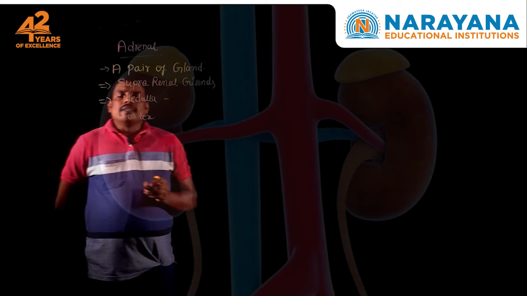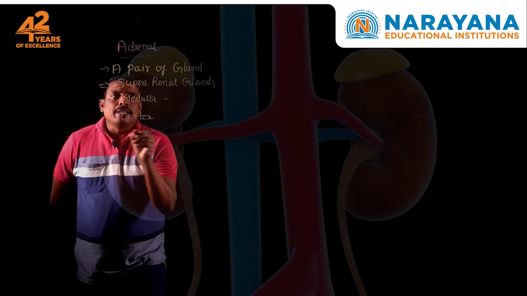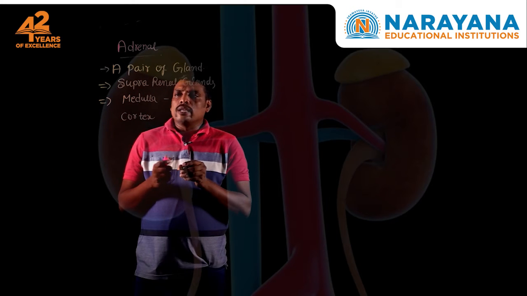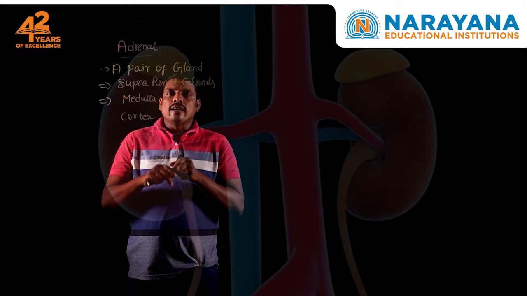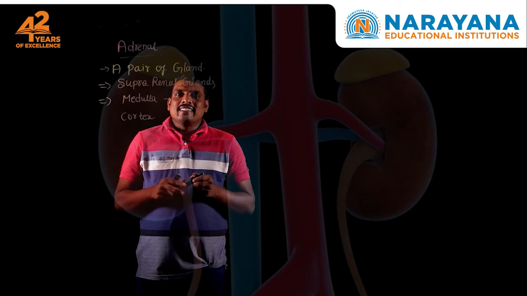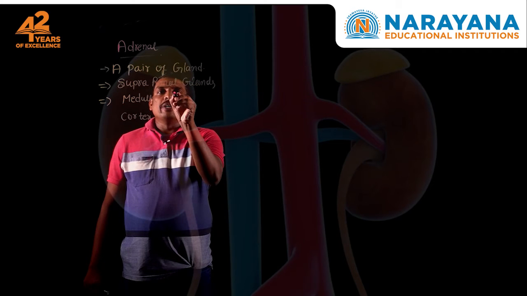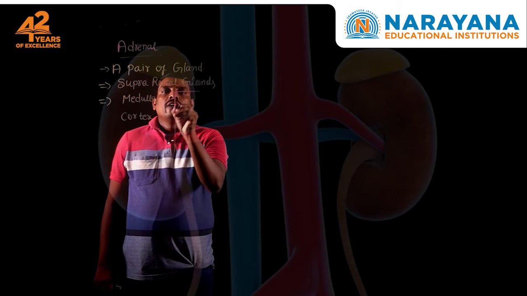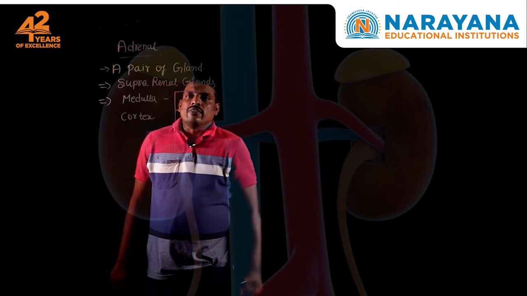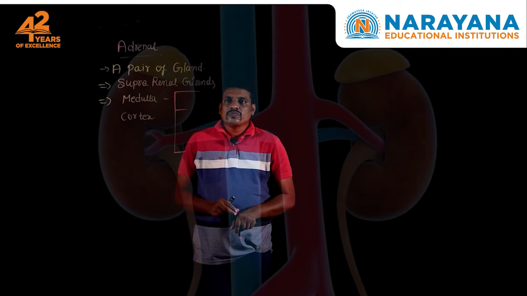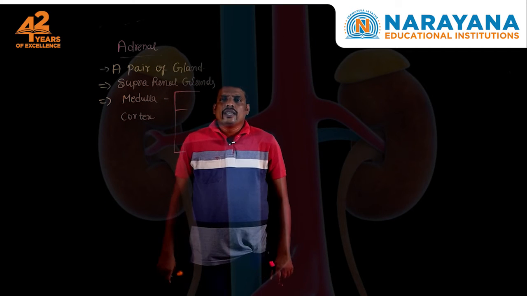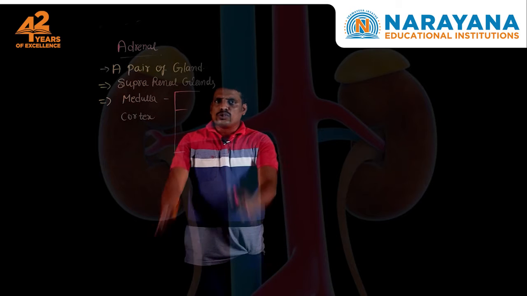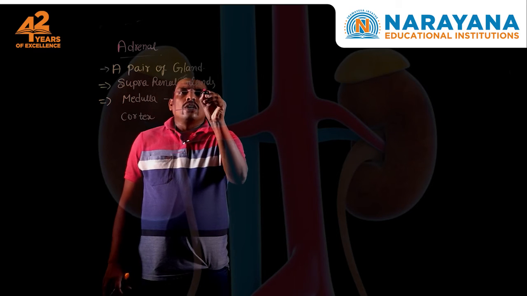Let us learn about the adrenal medulla. If you carefully see, the adrenal medulla is divided into three major zones, based upon structure and functions. What are the three major zones? The first zone is zona glomerulosa.